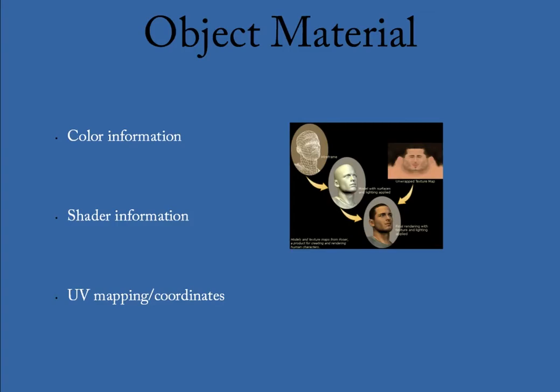life. UV mapping coordinates. When you apply an image to an object, you have to apply a 2D image to a 3D object. So you have to basically take this 3D object and flatten it out.